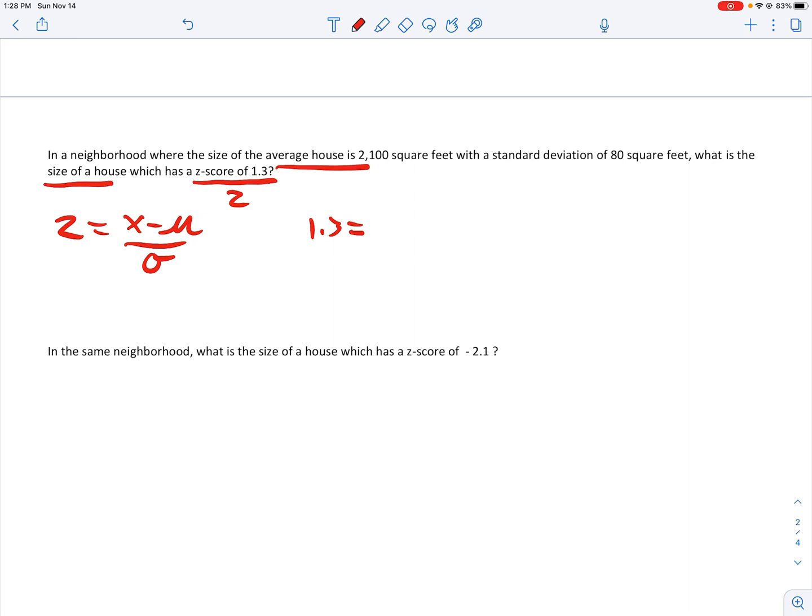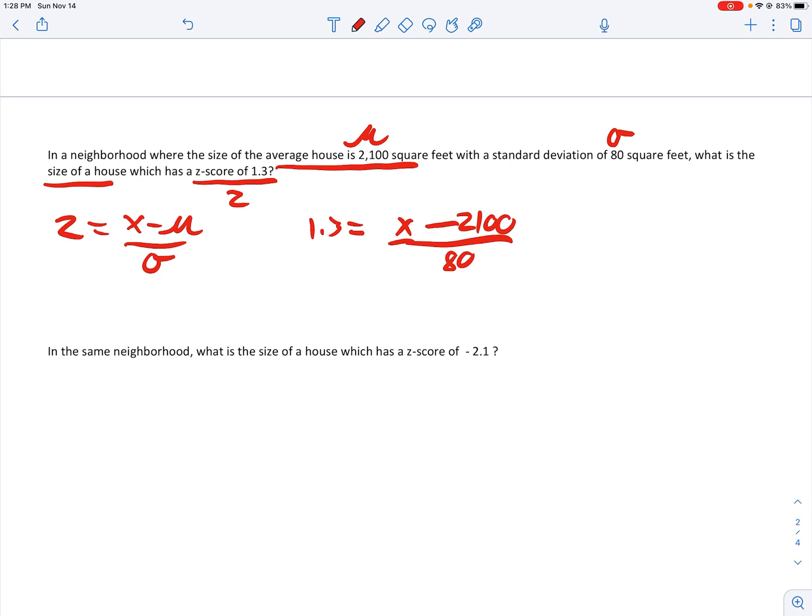The average, mu, is 2,100, and sigma is the standard deviation, 80. I don't know what x is. I'm trying to solve for x.